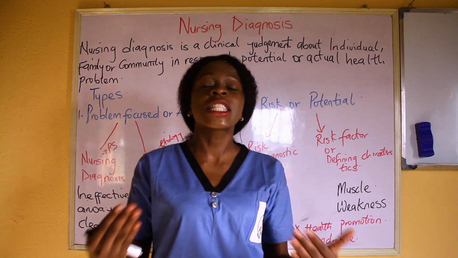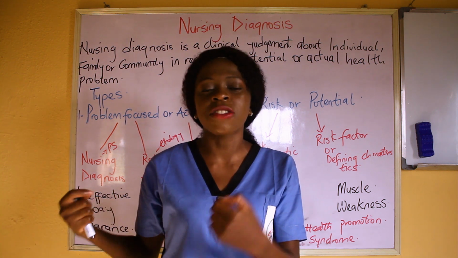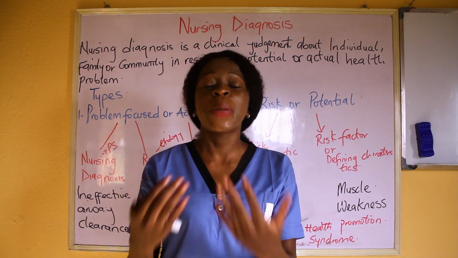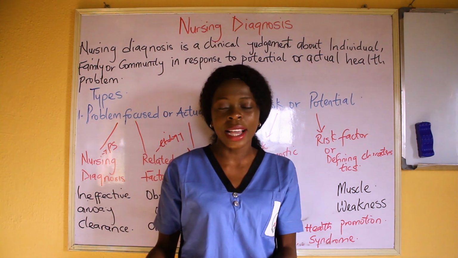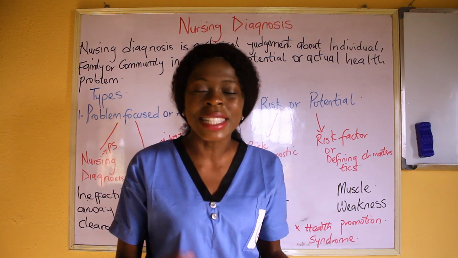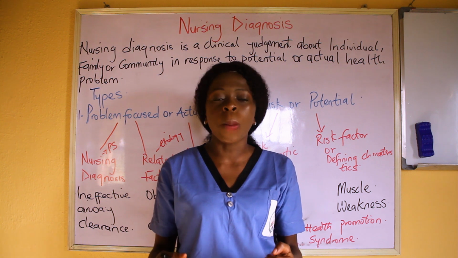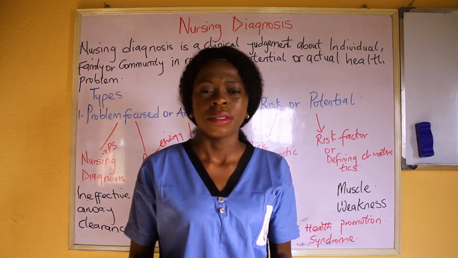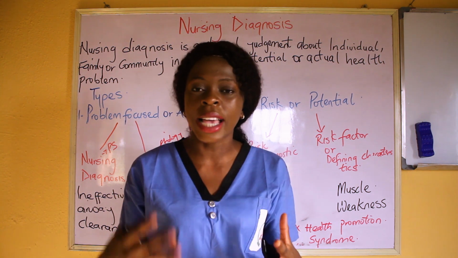A patient having difficulty with breathing, the next thing that should come to your mind is ineffective breathing pattern. A patient complaining of pain, the next thing that should come to your mind as a nursing diagnosis is acute pain. A patient's temperature reading 38, 39, 40 degrees Celsius, the next thing that should come to your mind is hyperthermia. You get now? So that is how we develop our nursing diagnosis.